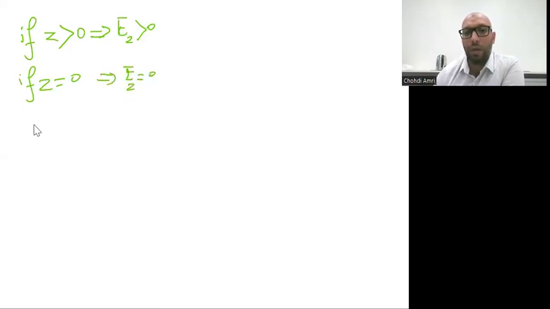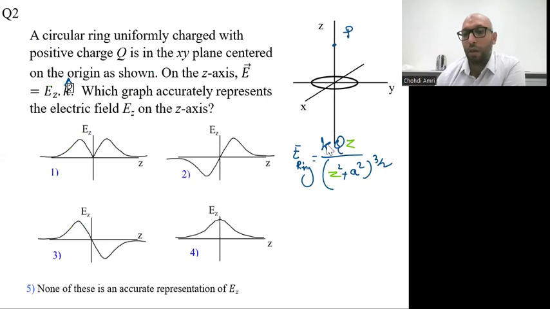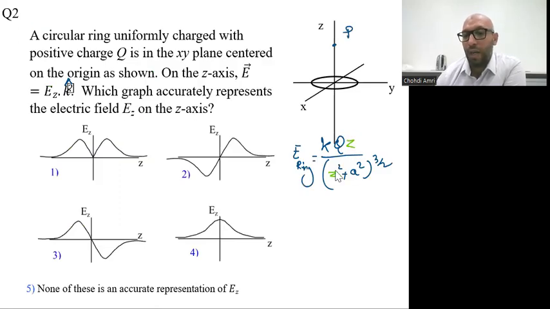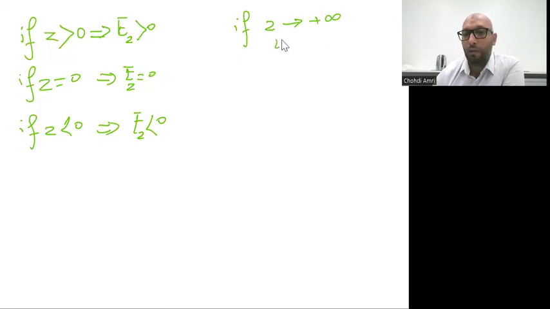What do you think if z is negative now? The electric field varies as kqz over a quantity that is positive, so that means Ez is negative. Now, if z is positive infinity, it varies as z over z cubed, so that means 1 over z squared, so E tends to 0.